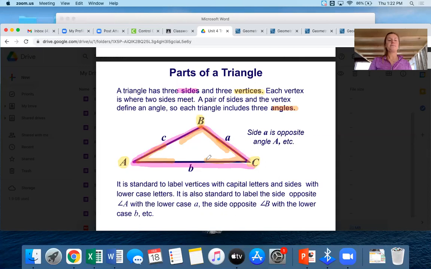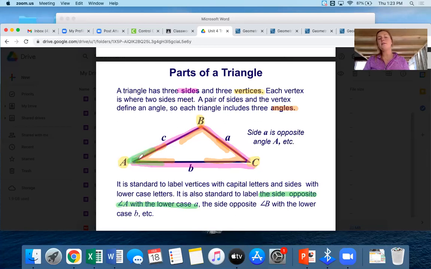All right. It is standard to label vertices with capital letters and sides with lowercase letters. It's also standard to label the side opposite of angle A with a lowercase a. So what does that mean to us? Angle A and the side opposite with a lowercase a. So angle A is right here.